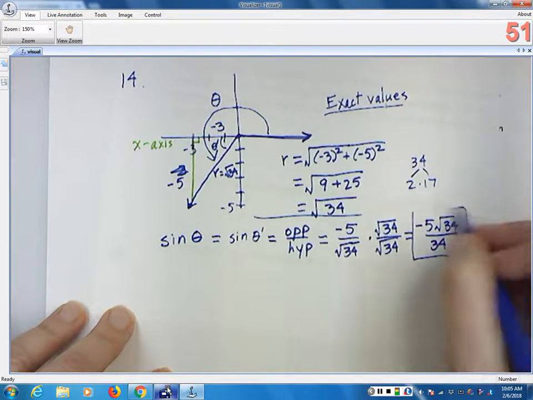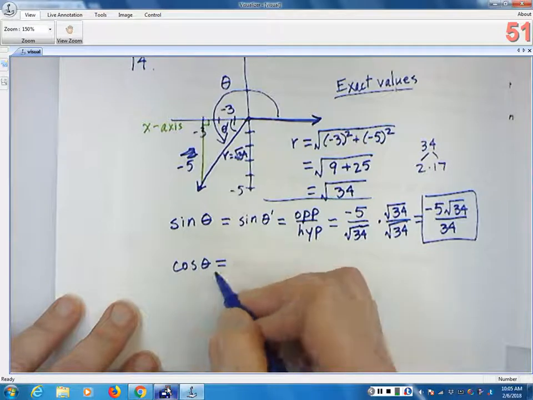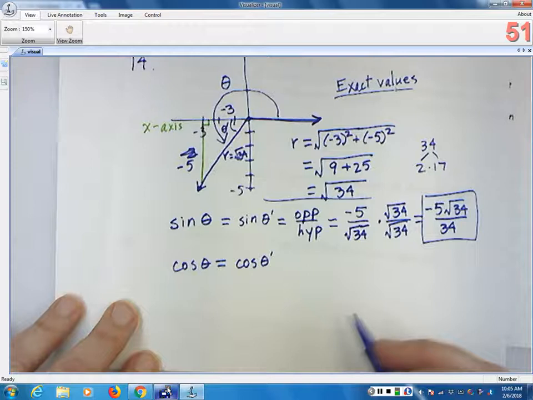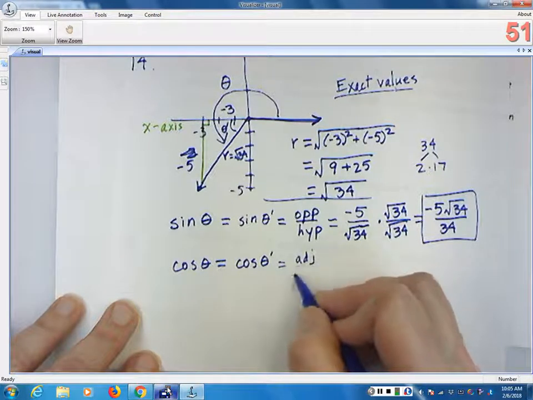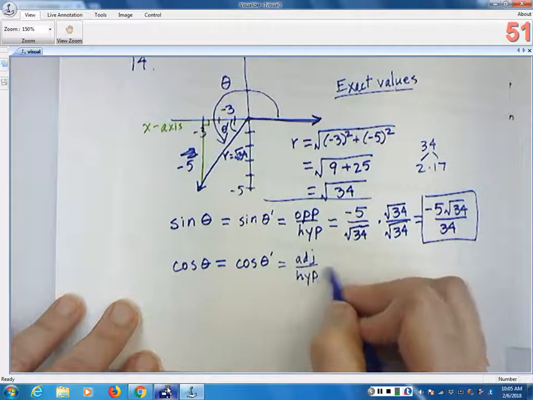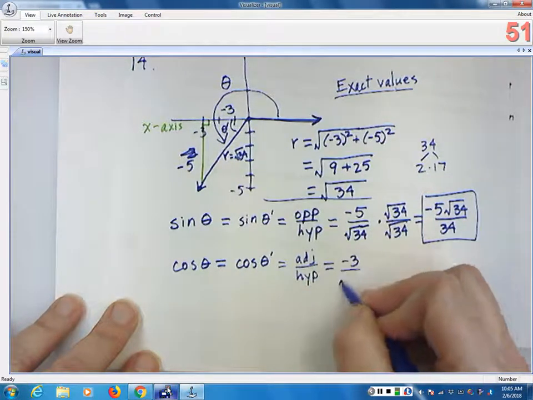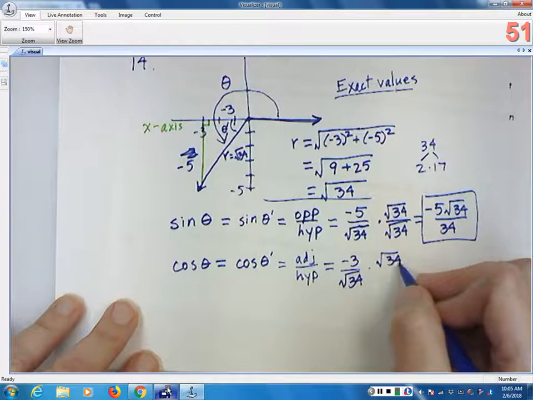That's our sine. Cosine theta, except we're using the signs here, it's adjacent over hypotenuse, is -3 over the square root of 34. Again, rationalize that denominator.